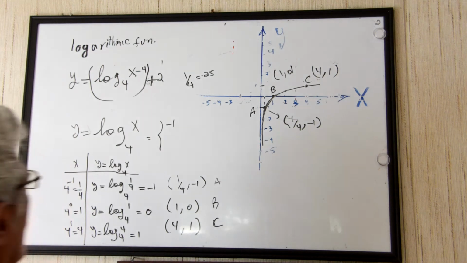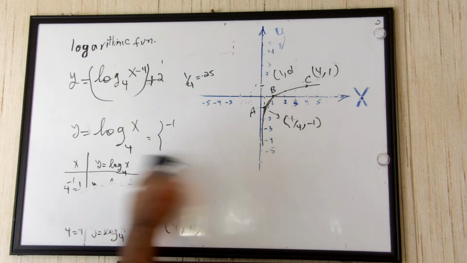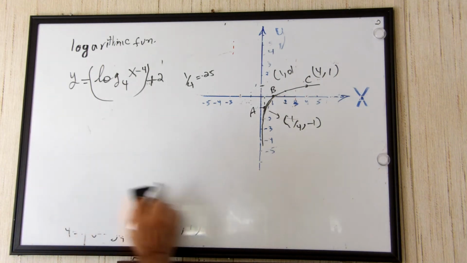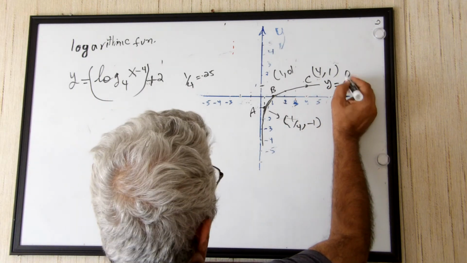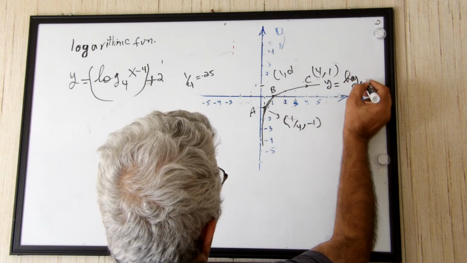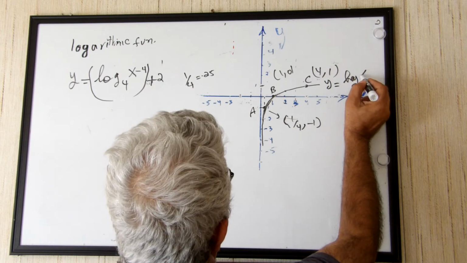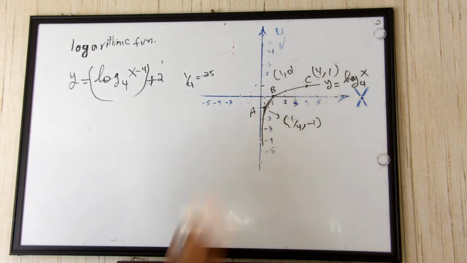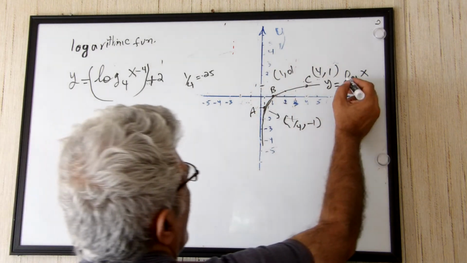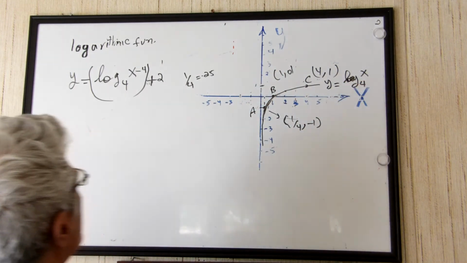So we graph this one, which is y equals log base 4 of x. This is the graph of log of x.